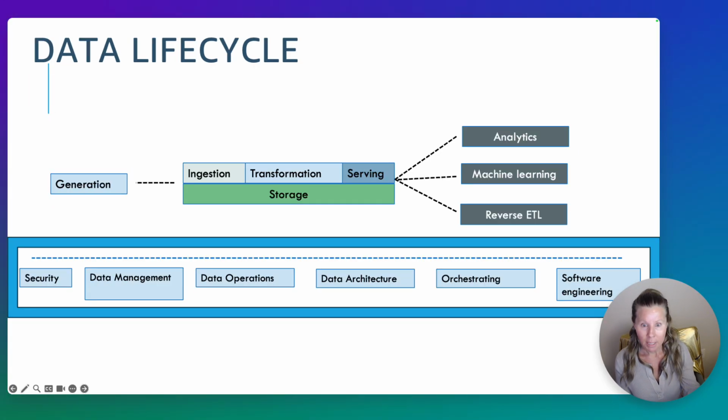In our fundamental lesson, I said as a data engineer, you must incorporate security, data management, data operations, data architecture, orchestration, and software engineering to manage the whole data lifecycle.